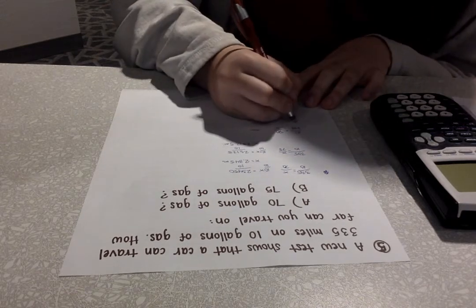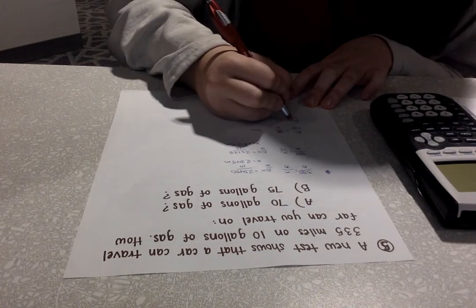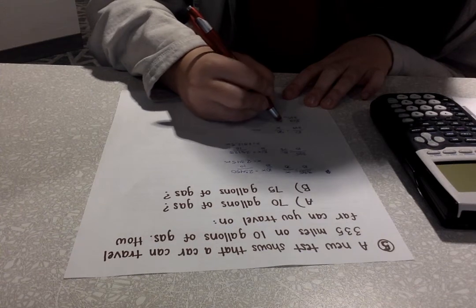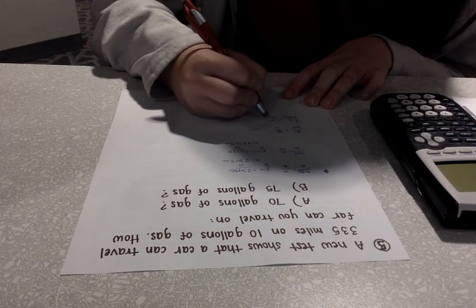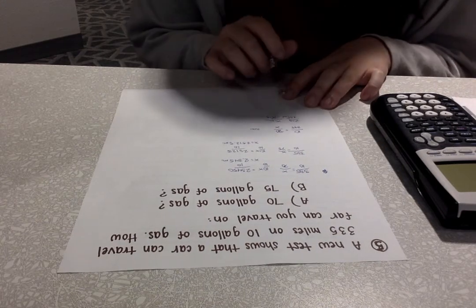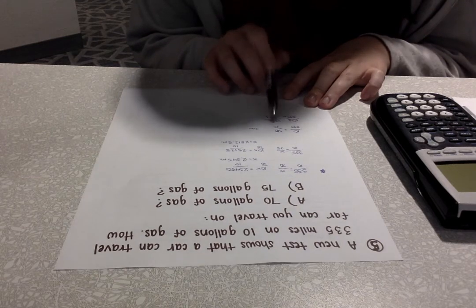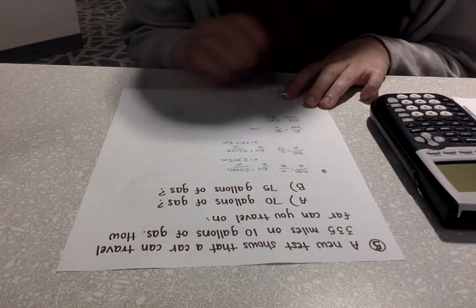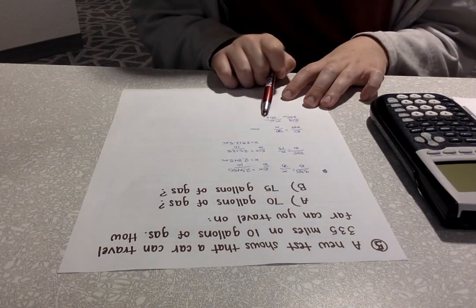If you had 10 over the 335, this is gallons, whereas this is miles, and then flipped it so you had miles up here and the 70 gallons here, you'd be multiplying the gallons and the miles together rather than trying to figure out how many gallons were in a mile.